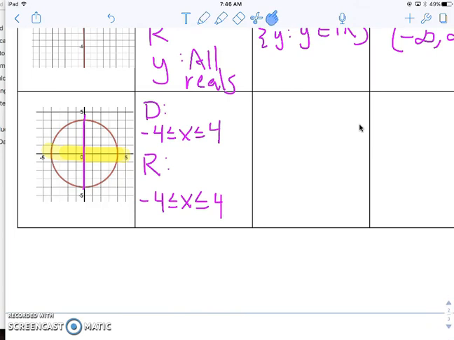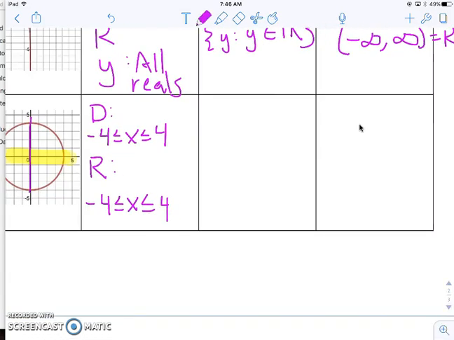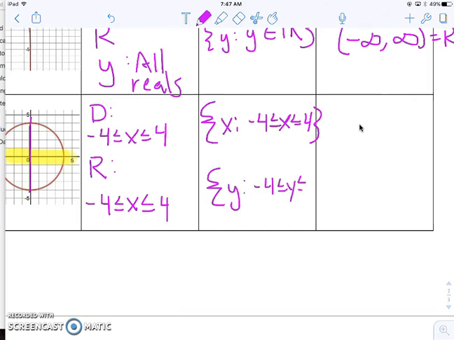So hopefully you're seeing that this set notation is really, really similar. So we just have to add those brackets, x such that negative 4 less than or equal to x is less than or equal to 4. And then our range, y such that negative 4 is less than or equal to y is less than or equal to 4.